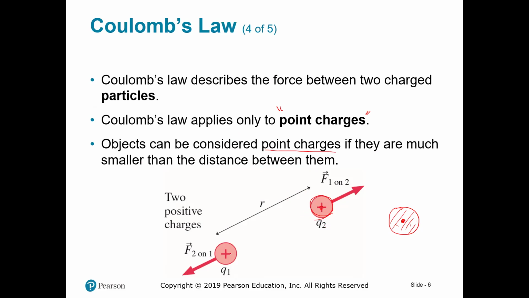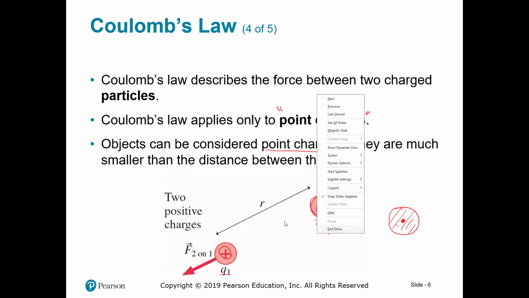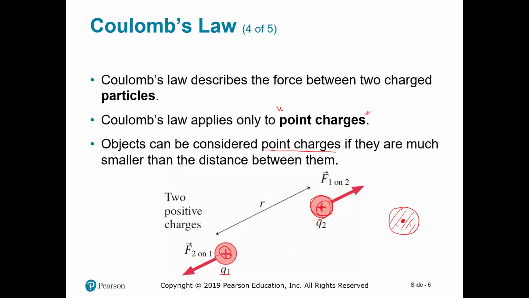And again, because these are plus charges Q1, Q2, the forces are repulsive along this line, right? So the force of charge 1 on 2 is in this direction, and the force of charge 2 on 1 is in this direction, and you see the directions are opposite. The magnitude, which is the length of this arrow, is the same.